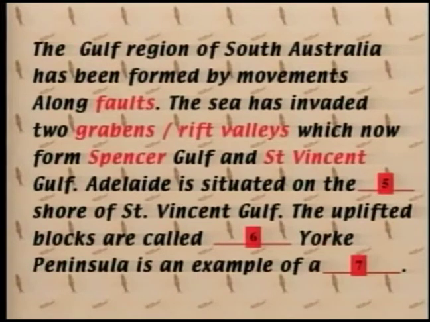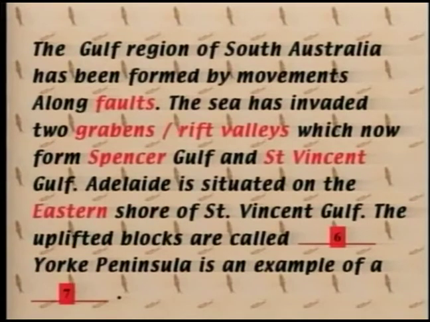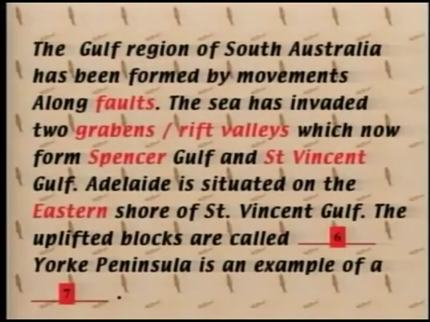We just said that Adelaide is situated on the southeast, or if you have the eastern shore, that is still correct. You have the eastern shore or the southeastern shore of St. Vincent Gulf. Noel, the uplifted blocks are called? Horst. Horst is correct.